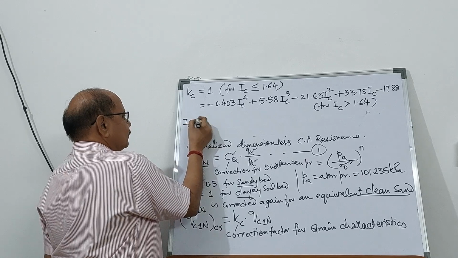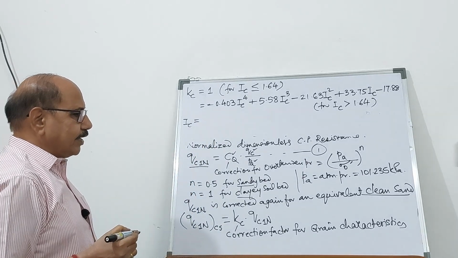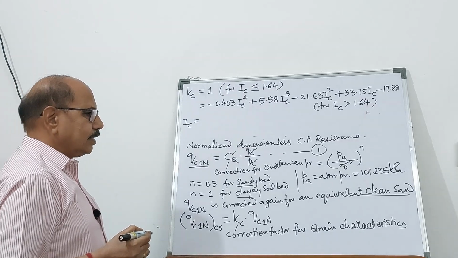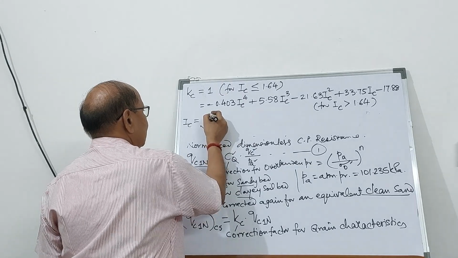So how to find out this dimensionless quantity IC? This IC can be calculated very easily by using one expression which is given in the code.